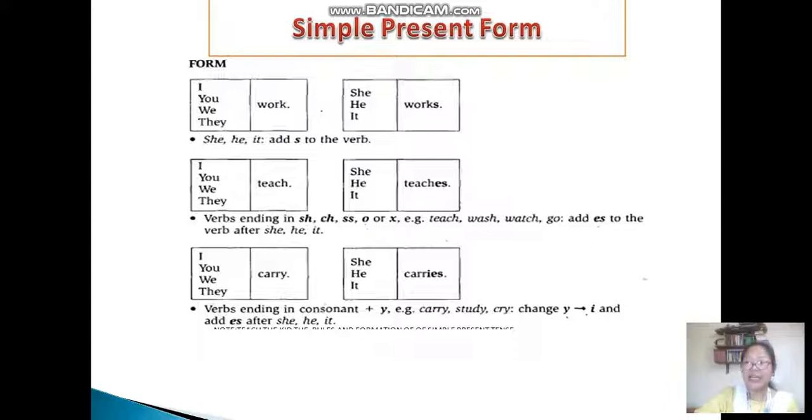But if the third person is singular and the verb ends with sh or ch or ss or o, then we add es to it, like teaches, washes, watches, goes. We have to keep the spelling of the verb in mind. Please keep this in mind.